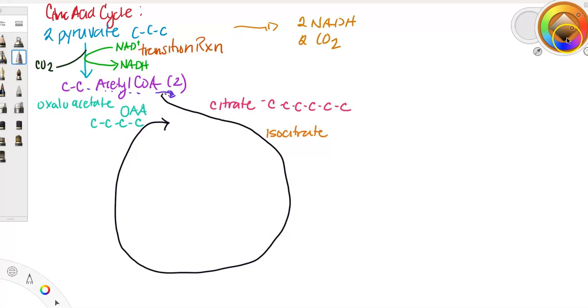And then that 6-carbon molecule is oxidized. And when we get that oxidation, we lose a carbon as carbon dioxide, and we gain an NADH.